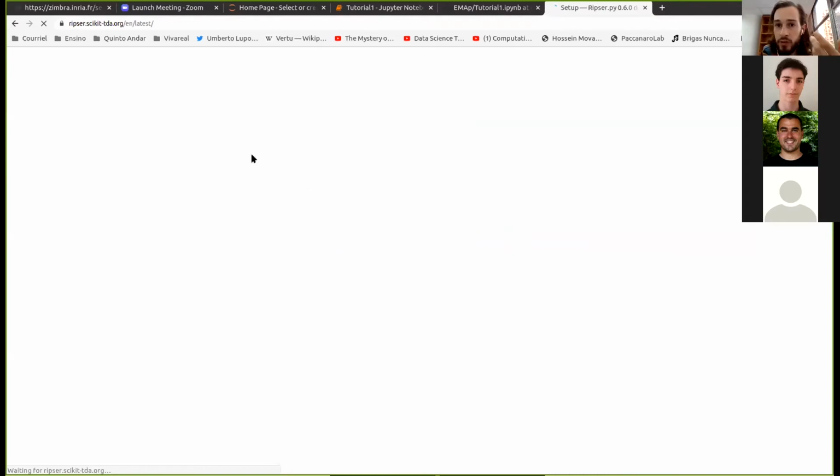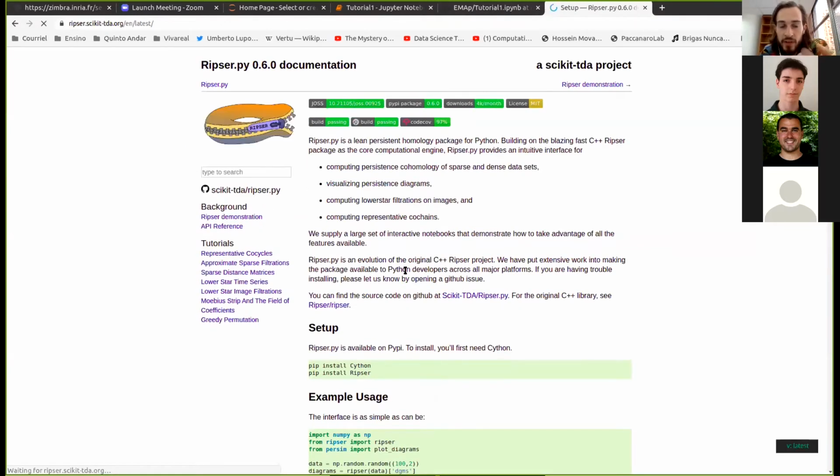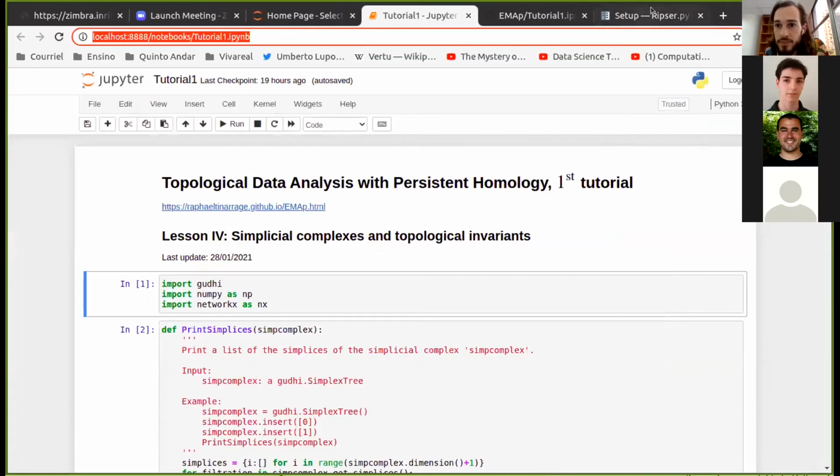It is known as the fastest library to compute persistent homology. But it is very restricted to the persistent homology of the Rips complex of point clouds. Okay, thank you.